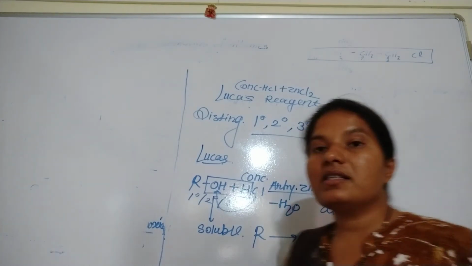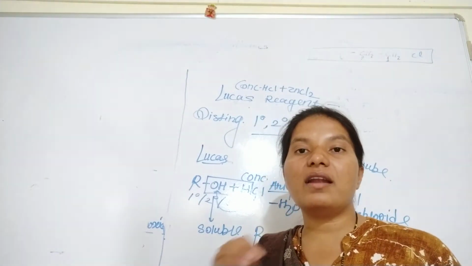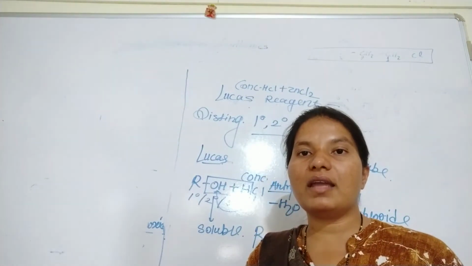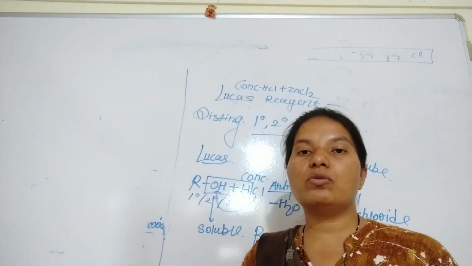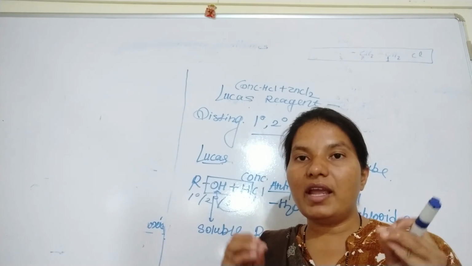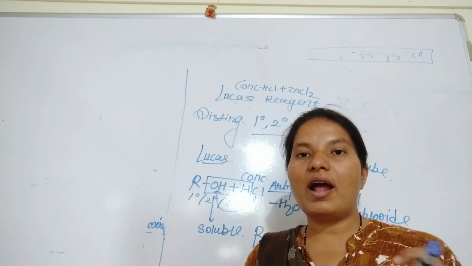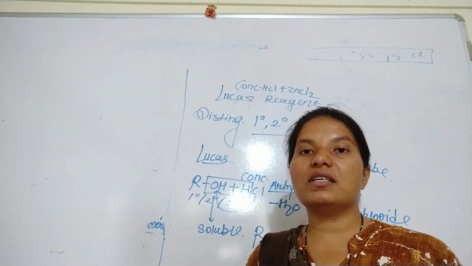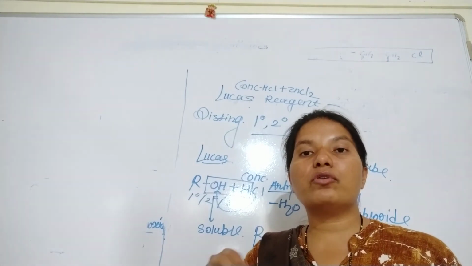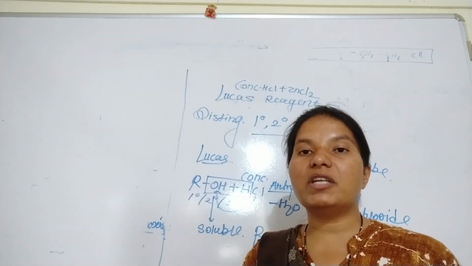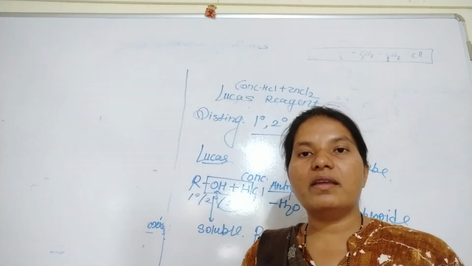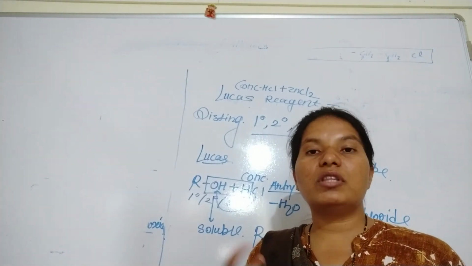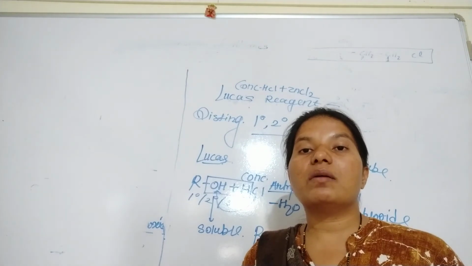When you take secondary alcohol and add Lucas reagent, within 4 to 5 minutes your solution becomes turbid. And when you use tertiary alcohol, within 2-3 seconds your solution becomes turbid.